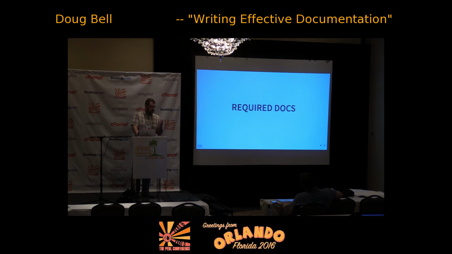So there are some requirements for effective documentation, to get the most out of what time we're able to spend on writing these docs. If you can just achieve this minimum documentation, you'll be doing far better than most projects. First and foremost, every single file needs an abstract.